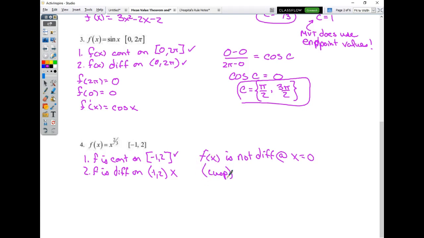Include that it's a cusp. Therefore, MVT cannot hold. You can use cannot hold, or we can't use MVT.